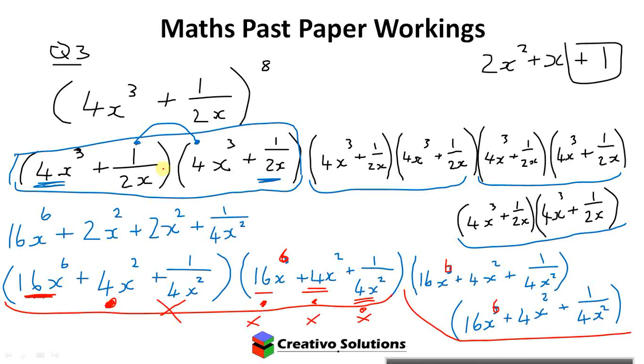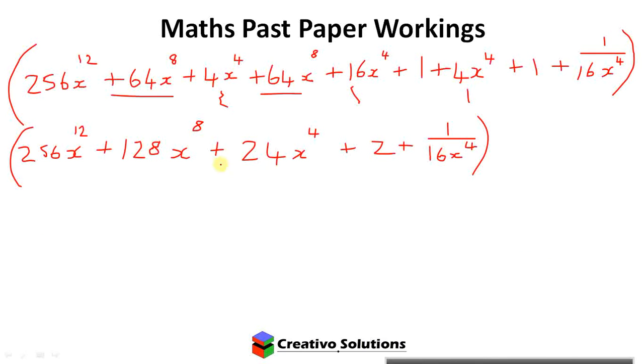Right, if I go back, how many of those do I have? I've got 1, I've got 2 of them, so I just need 2 brackets. So this times by itself.